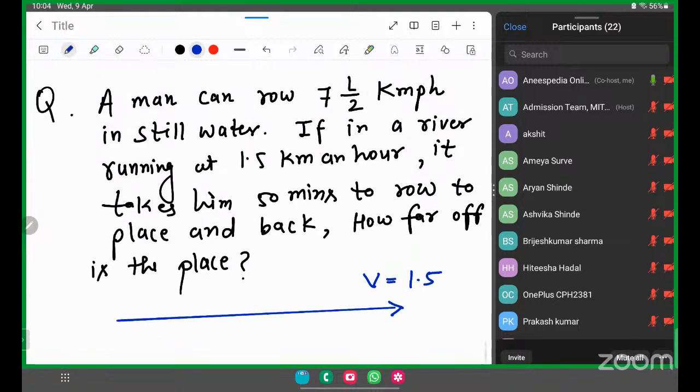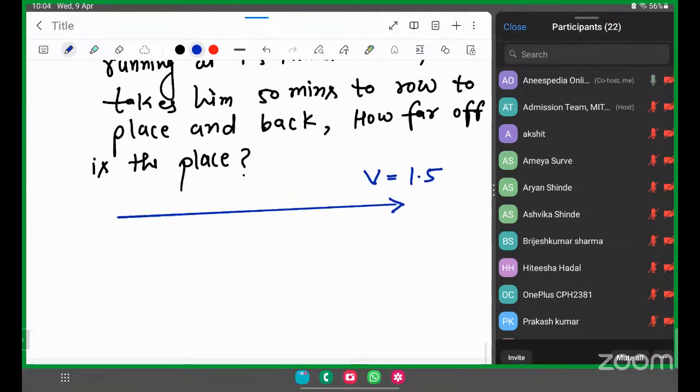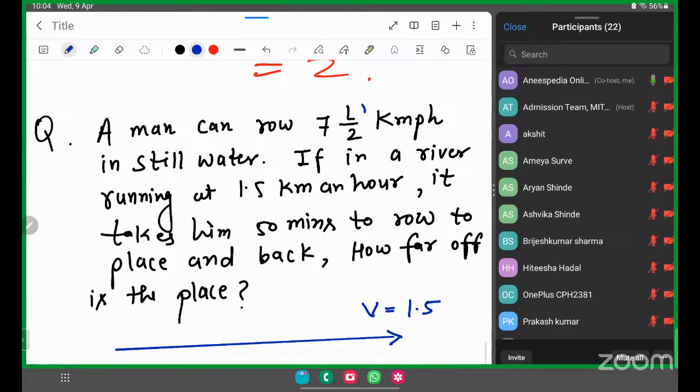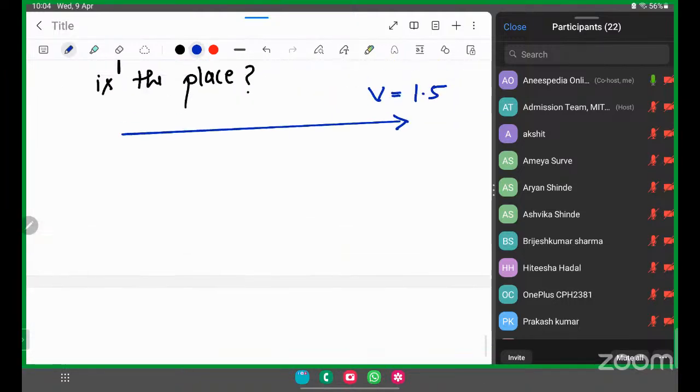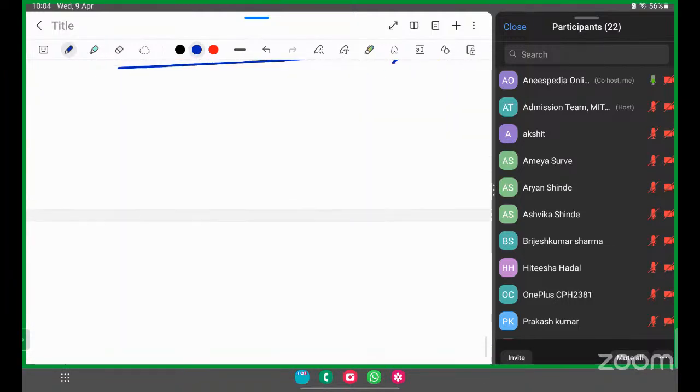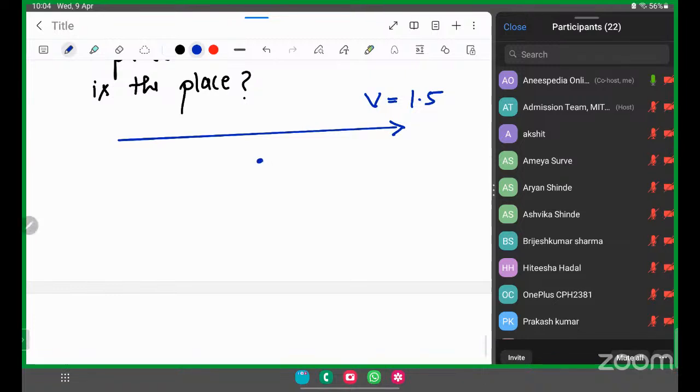And speed of the man in still water is 7.5 kilometer per hour, so the value of u is 7.5, and if he's going against, that will also be 7.5.